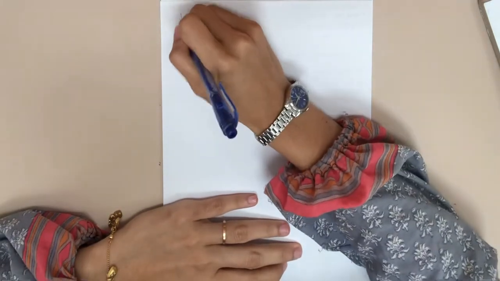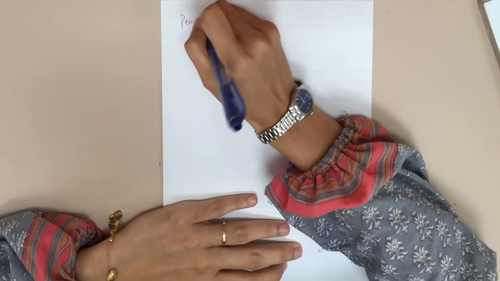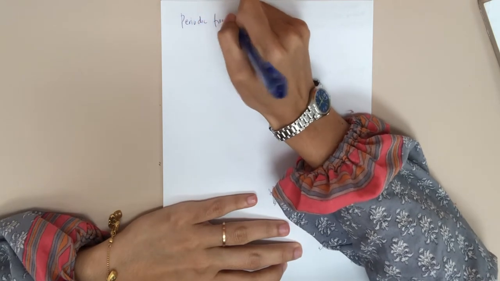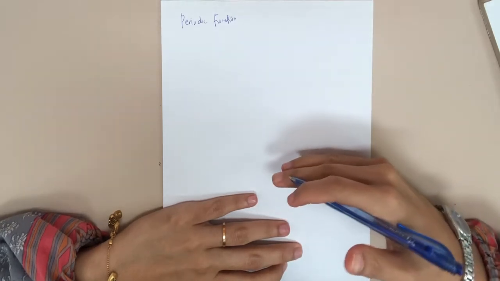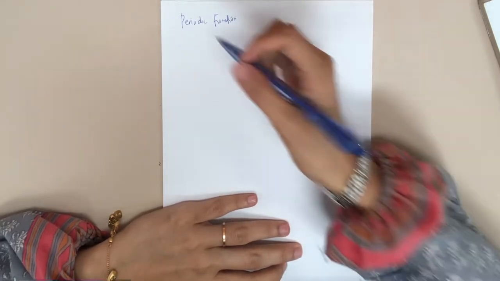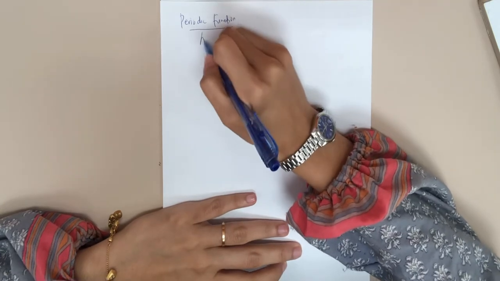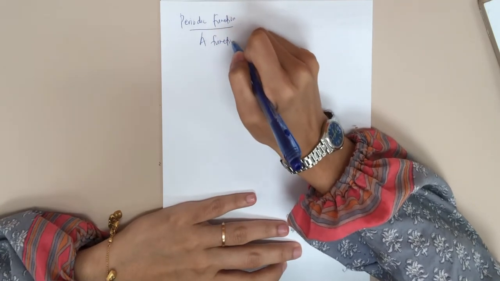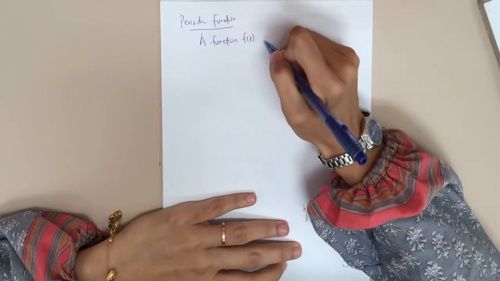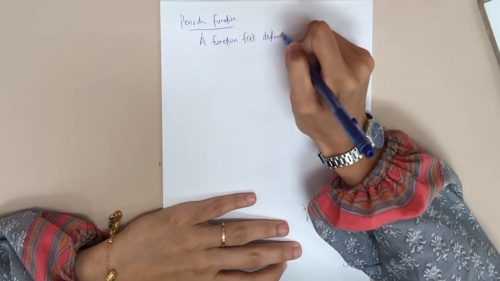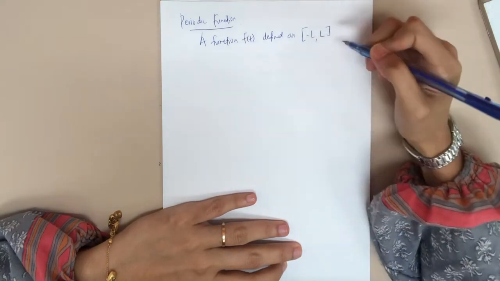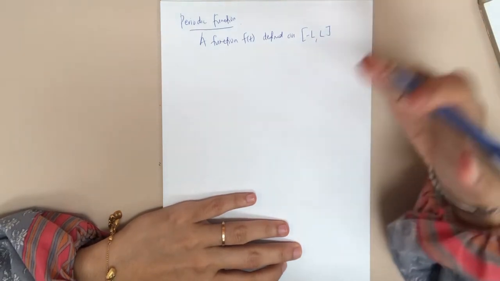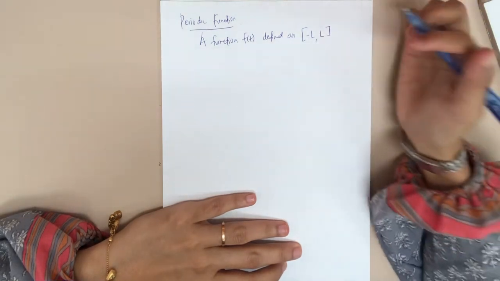I will use my pen. So what do we mean by periodic function? Actually, this is just a definition before we go to the Fourier series topic itself. It's a function f(t) defined on the interval negative L to L. Negative L to L means numbers, for example, negative 1 to 1, negative 2 to 2.